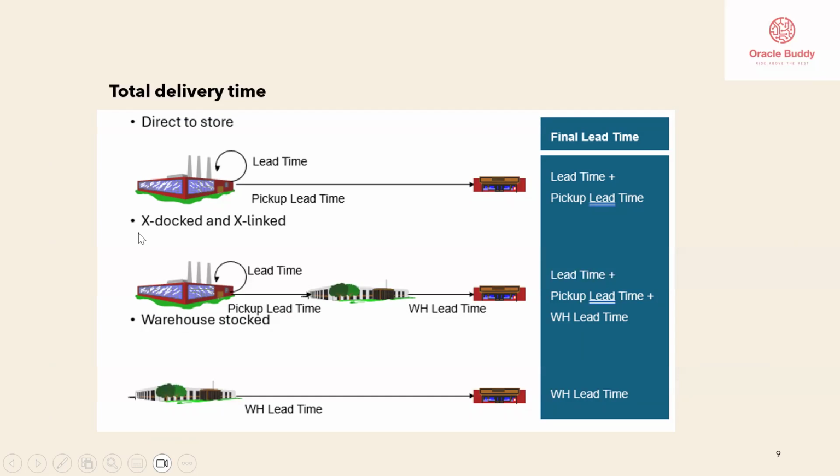Similarly for cross-docked, lead time and pickup lead time will send it to the warehouse, and from the warehouse to the store, which is the warehouse lead time. So the total final lead time will be lead time plus pickup lead time plus warehouse lead time. For warehouse stocked, as there is no supplier involved, it will have only the warehouse lead time.